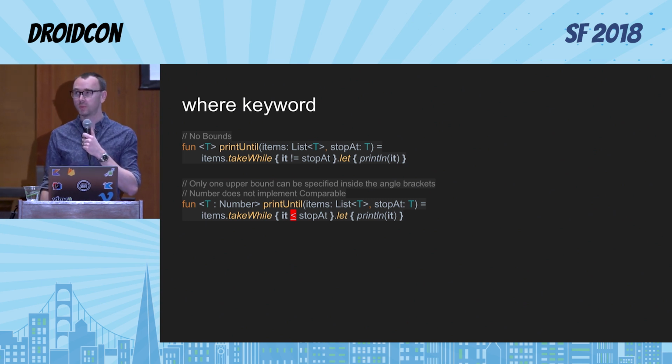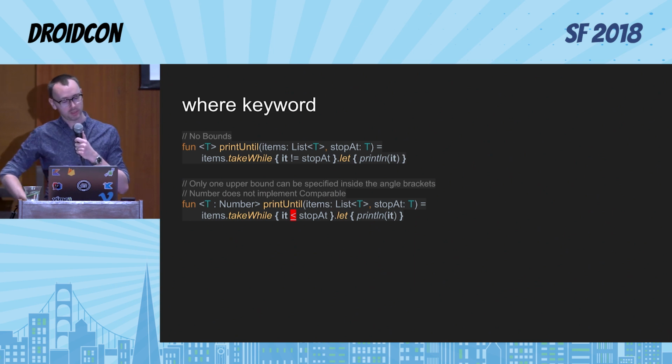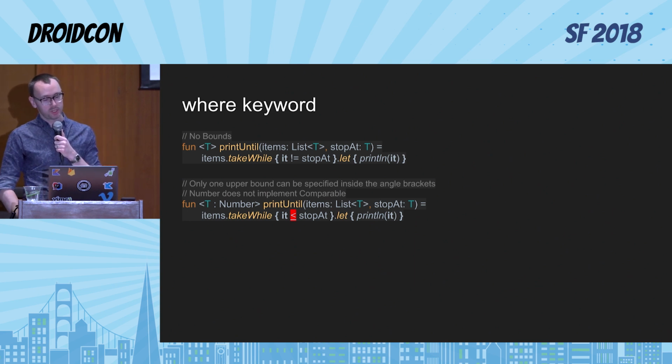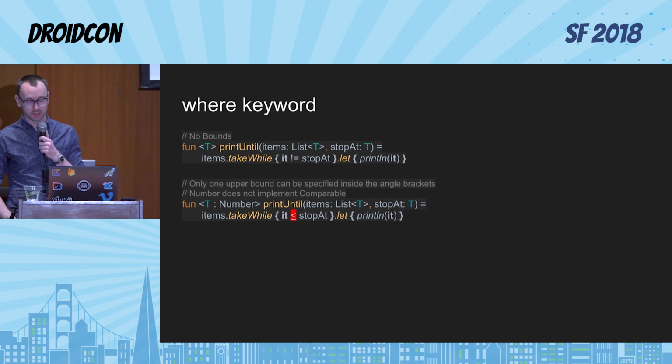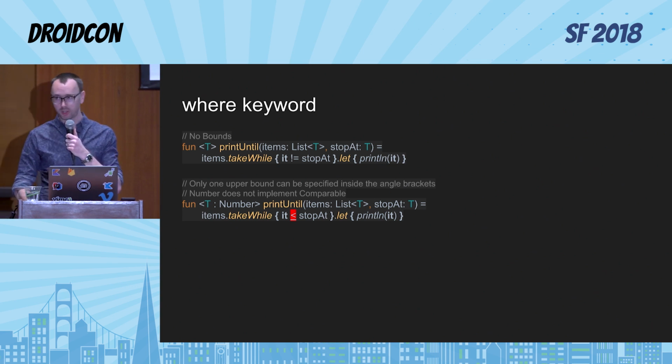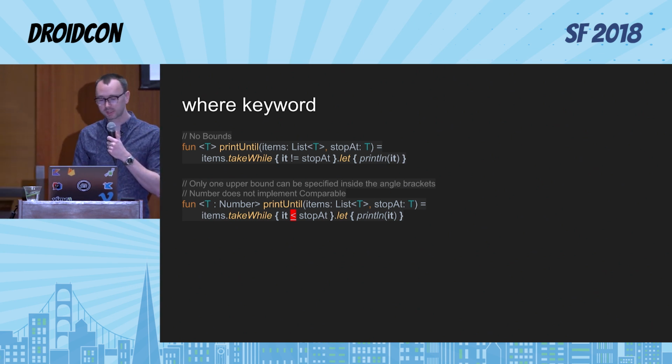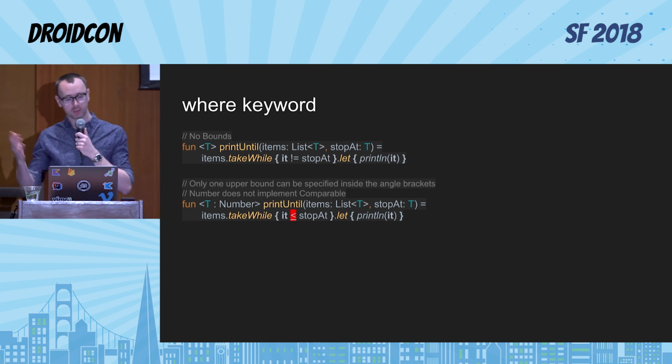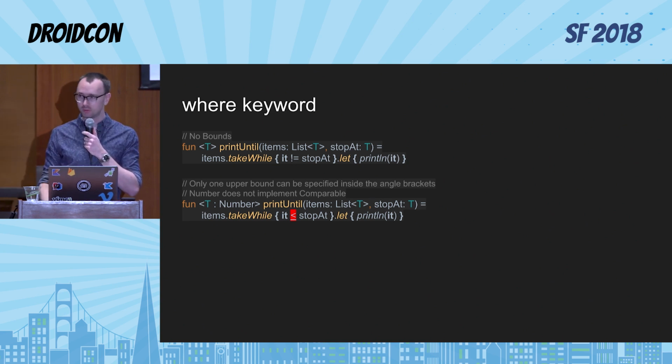This code actually won't compile, and the reason is that Number doesn't implement Comparable. So in this case, you want something that's a number, and it has to be comparable. Things like Int and Long, capital Integer and Long, do implement Comparable, but their parent type Number does not. So to fix this, you use the where keyword.